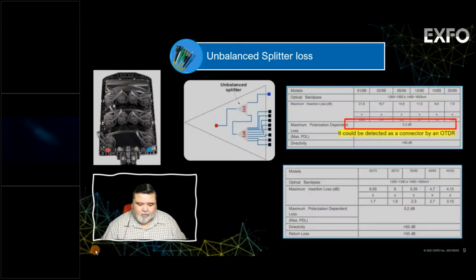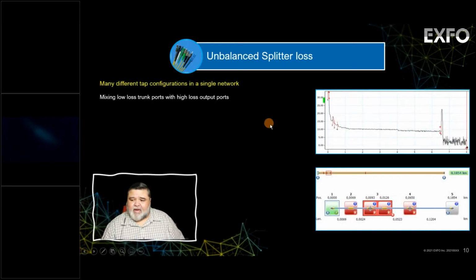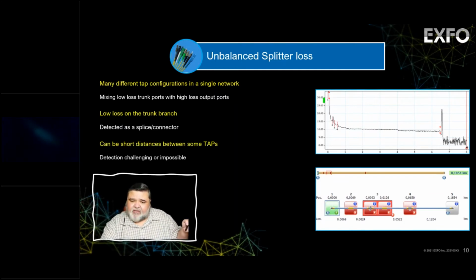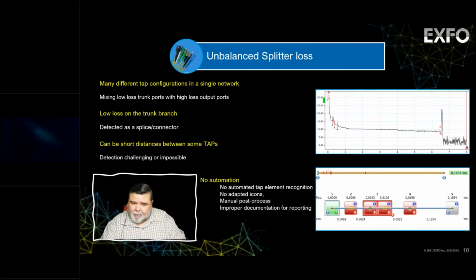And so looking at it from an OTDR perspective, this is what it looks like, right? And of course, all this testing is done from the subscriber side, because we still suffer from the same issues that we have testing through a splitter.